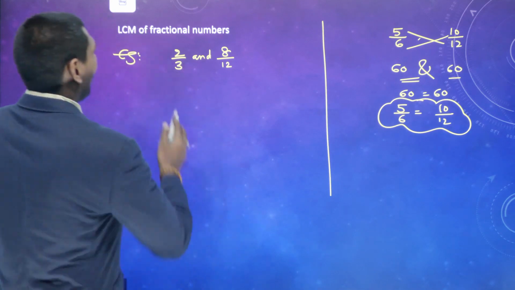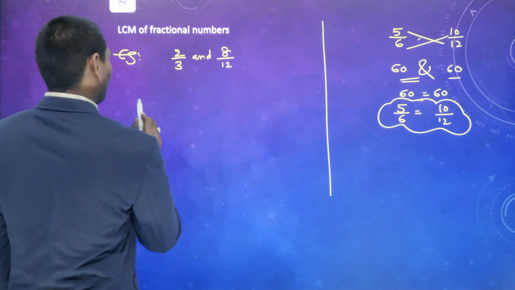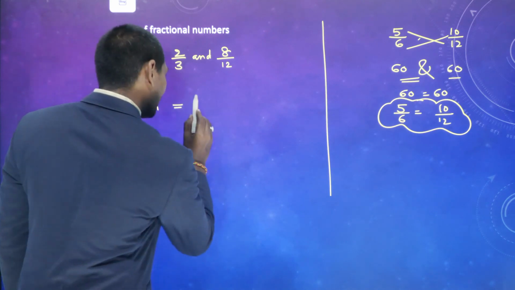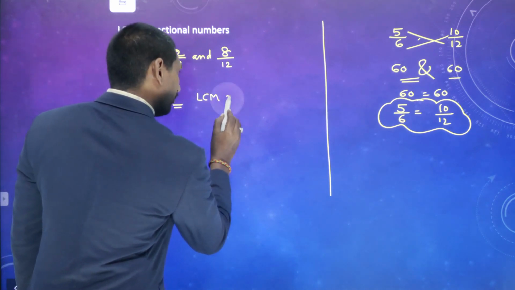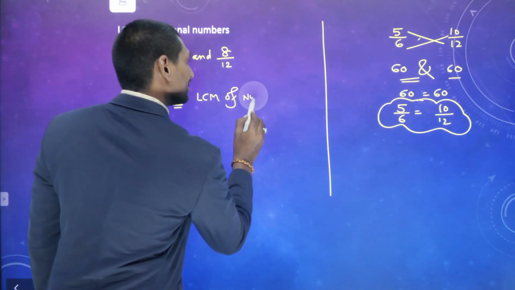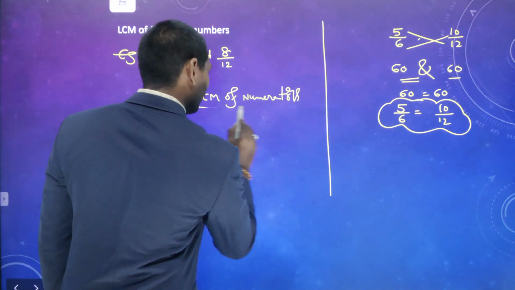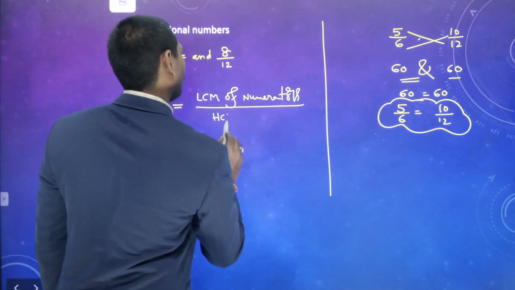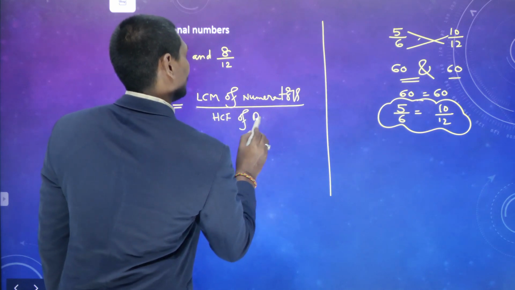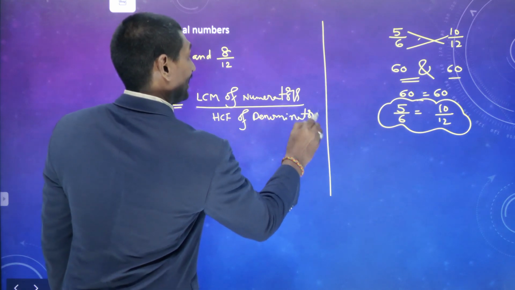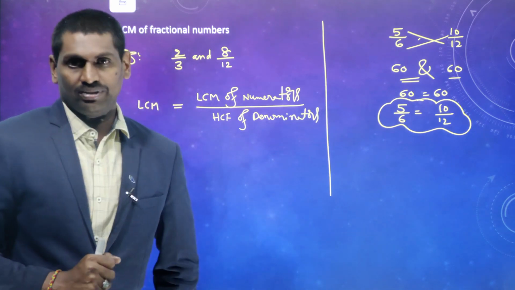Simply, the LCM of fractional numbers is nothing but the LCM of numerators by HCF of denominators. This is the formula to find out the LCM of fractional numbers.